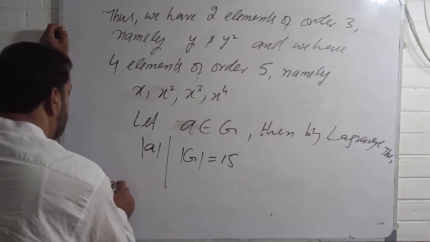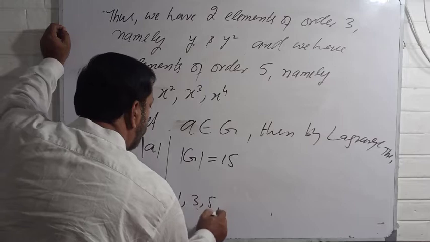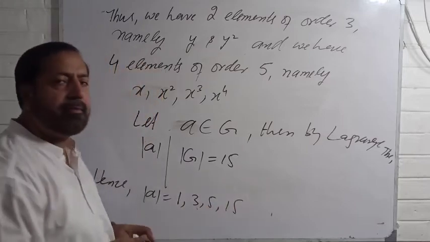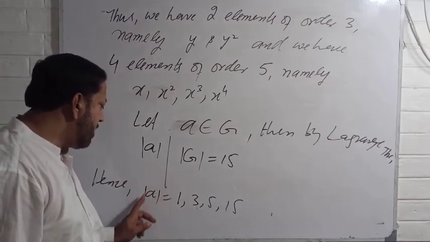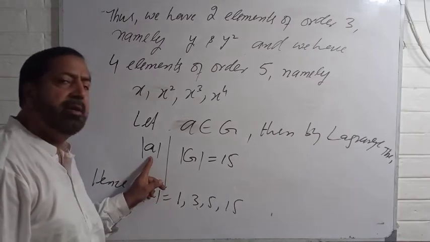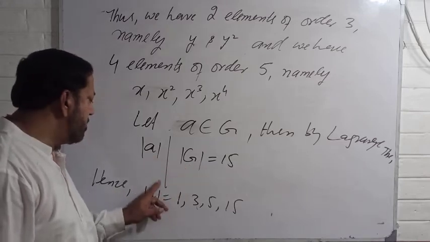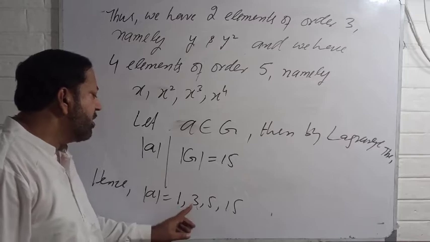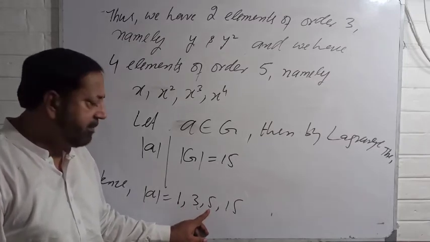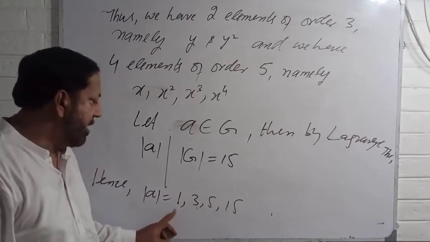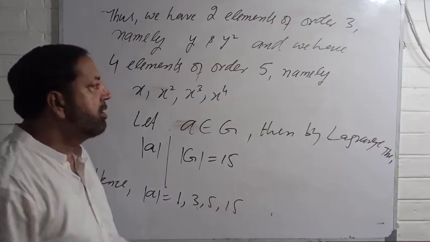Hence, order of A could be equal to 1 or 3 or 5 or 15. So, can you find out how many such elements exist in G, and also what is the possible order of A? You already have counted the elements of order 3, the elements of order 5 and the identity element. So, the order of this element must be 15, right?